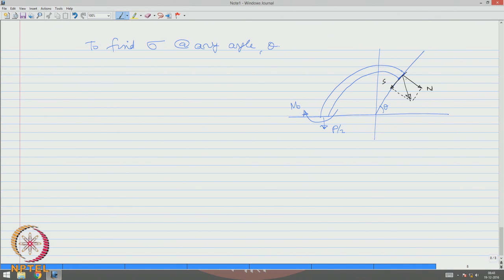As we know very well now, this angle is theta, and it will be subjected to Mb, and Mb is actually equal to P r by 2 (cos theta minus 2 by pi).